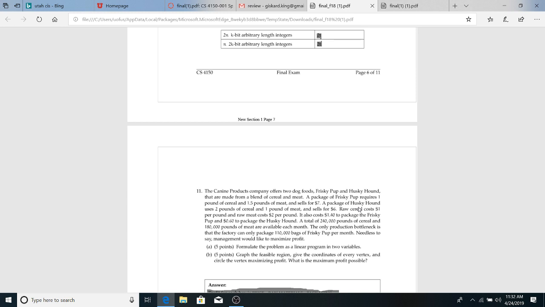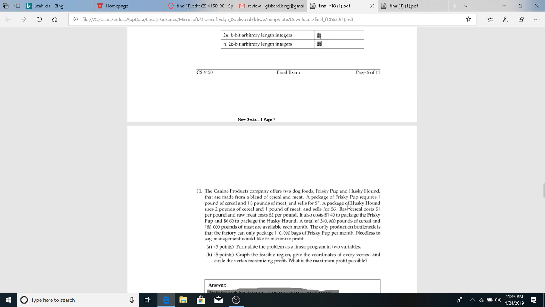And then the other one sells for $6. Let's see how many pounds of cereal this one has. 2 pounds at $1 for cereal. Yes, so $1 per pound, and they have 2 pounds of cereal.